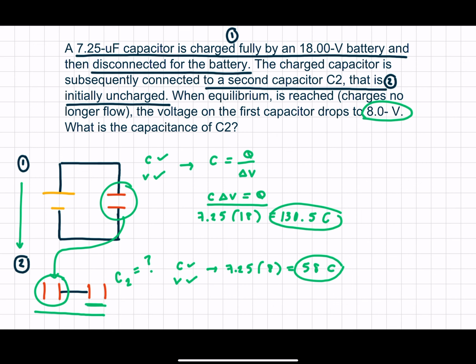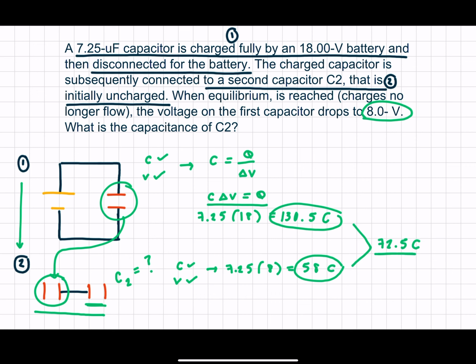So we subtract both of these numbers to figure out how much charge is on the second capacitor. Subtracting those two numbers gives us that there is 72.5 coulombs of charge on the second capacitor.